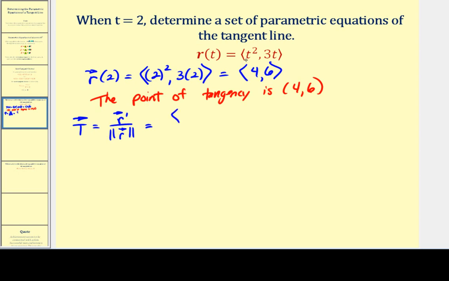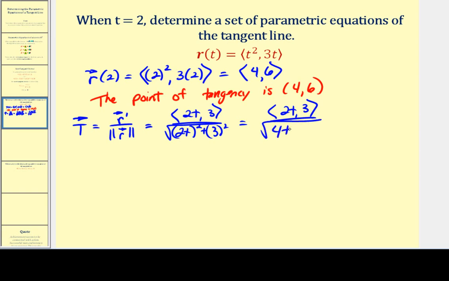So the derivative of r would be 2t, 3, and the magnitude of this would be the square root of 2t squared plus 3 squared. So we'd have 2t, 3 all over the square root of 4t squared plus 9. Again, this will give us the unit tangent vector. We could just use r prime of t to find a tangent vector that's not a unit tangent vector.